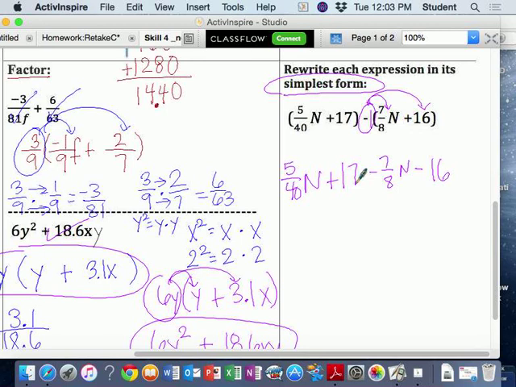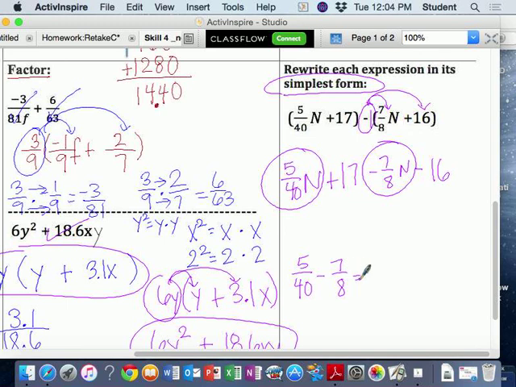Now in order to simplify, it's just a case of combining like terms. So I know that 5/40n is like with -7/8n because they both have a variable of n. So off to the side, I'm going to put 5/40 minus 7/8.